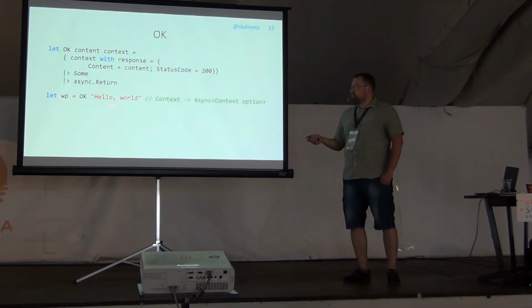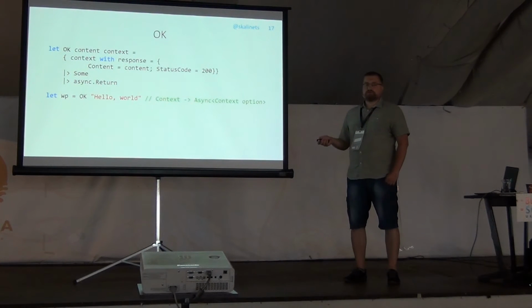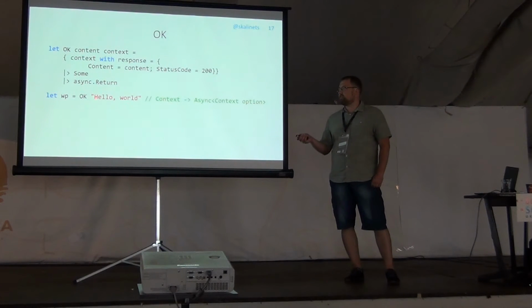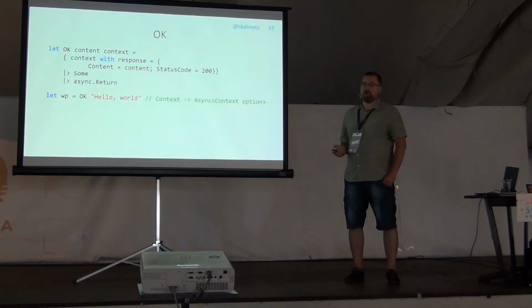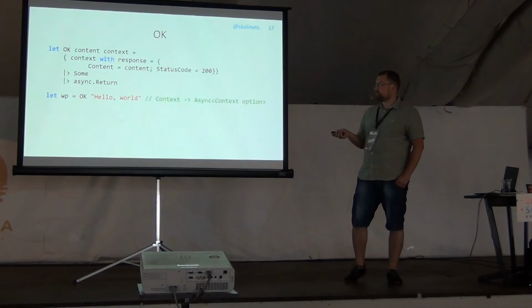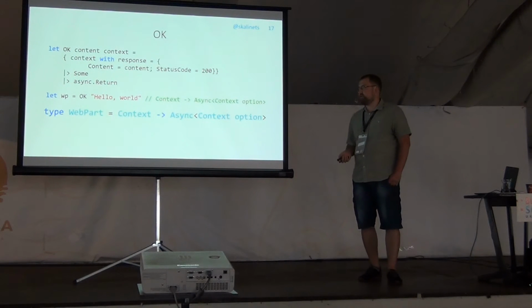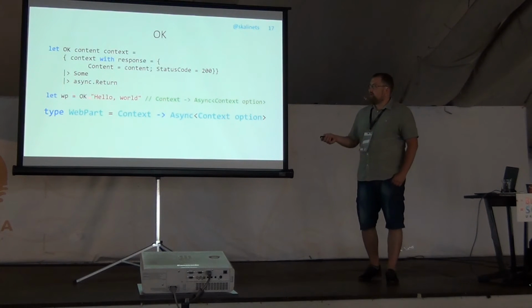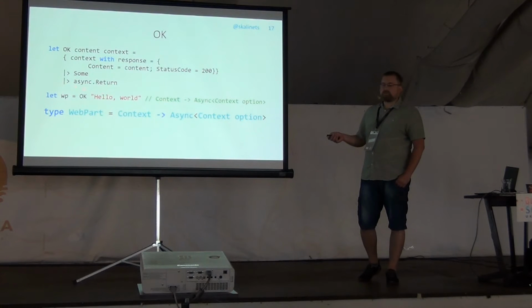Okay, and this is how we are going to use it. We will create a web part that will return hello world and 200 OK as a status code. And as we can see, the signature is basically as it should be for a web part. It's exactly the same. But this is not the final result.